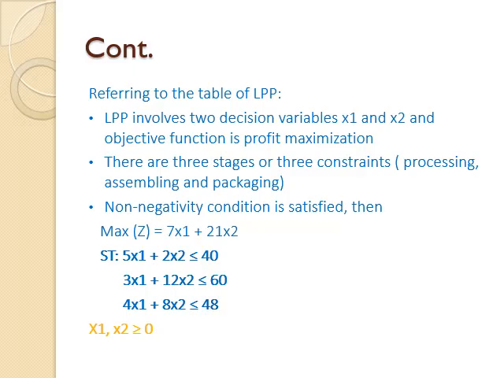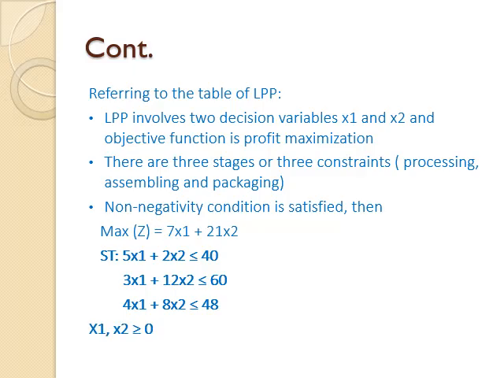So let's move to the third constraint, the second restriction. It is about packing. For x1, that means the production of x1 at the stage of packing should cost me 4 hours.